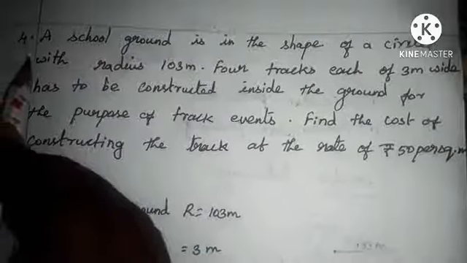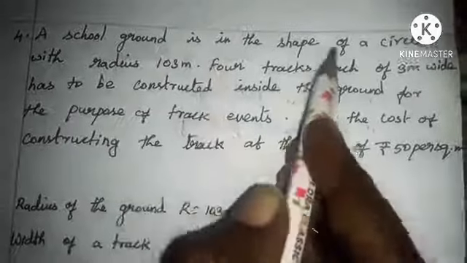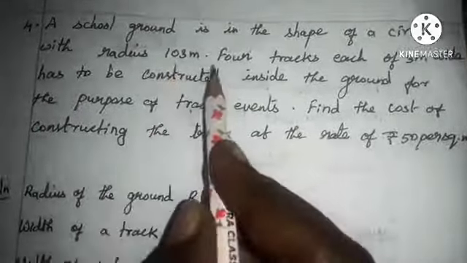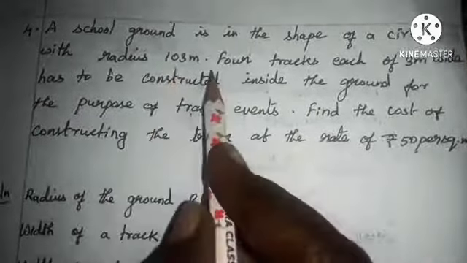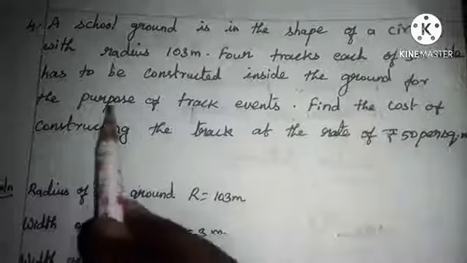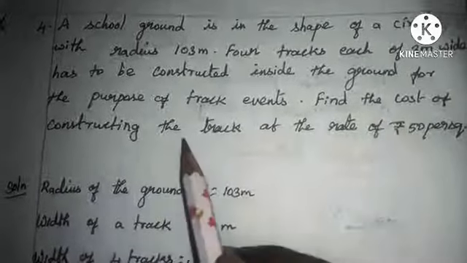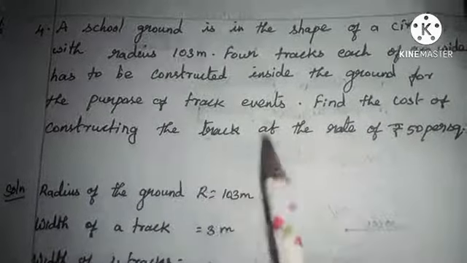Fourth sum. A school ground is in the shape of a circle with a radius 103 meter. 4 tracks, each of 3 meter wide, have to be constructed inside the ground for the purpose of track events. Find the cost of constructing the track at the rate of rupees 50 per square meter.